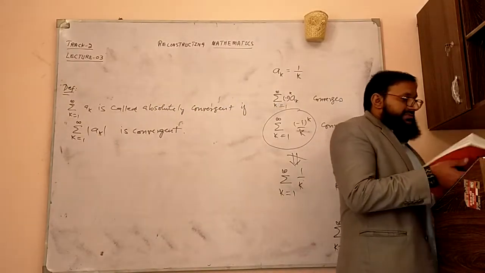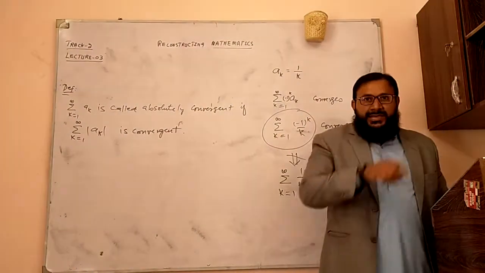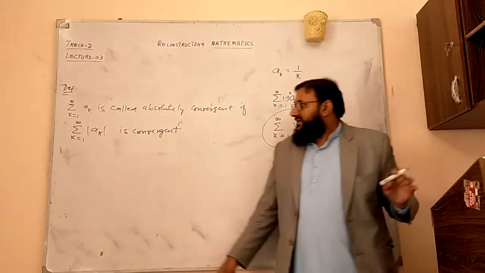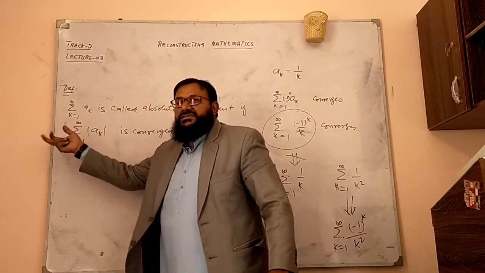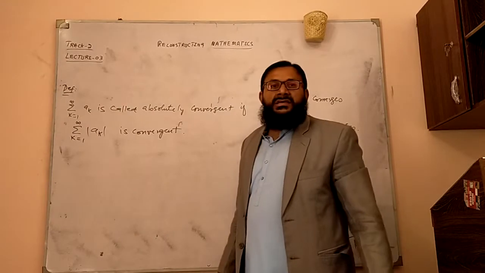So what do you mean by this? A series is called absolutely convergent if we take the absolute value of all the terms, then we just add them, and this is going to be convergent.